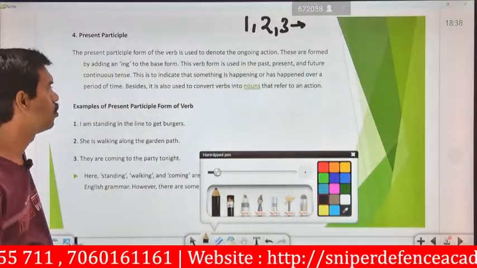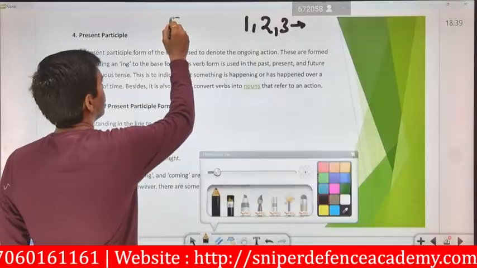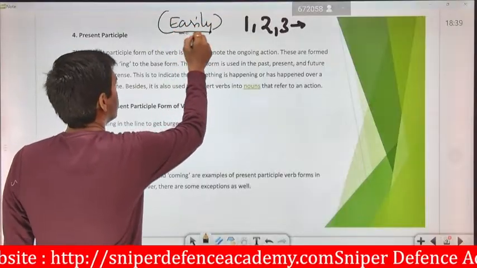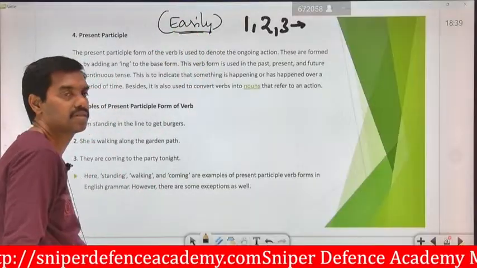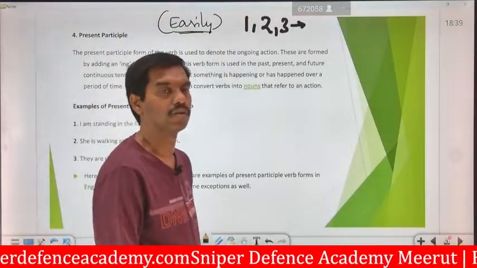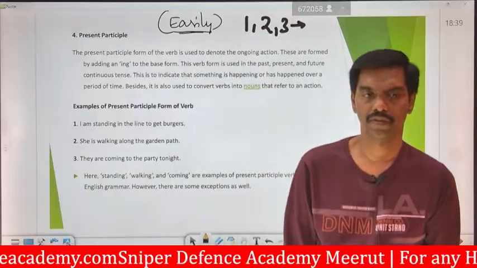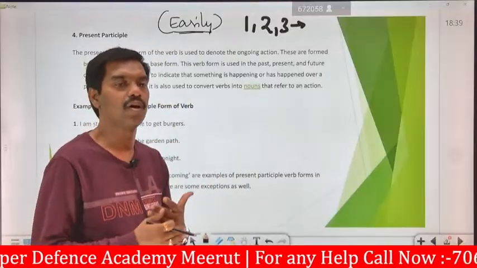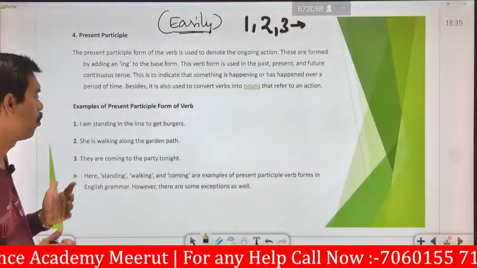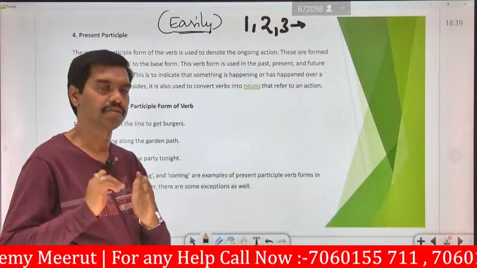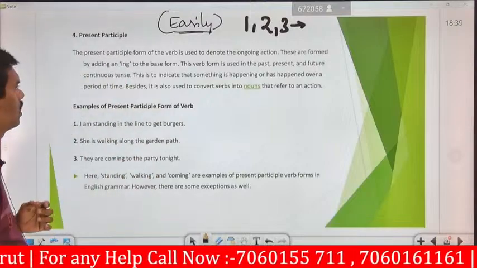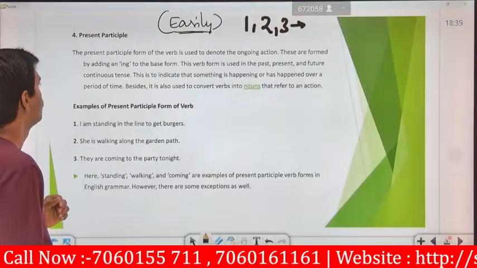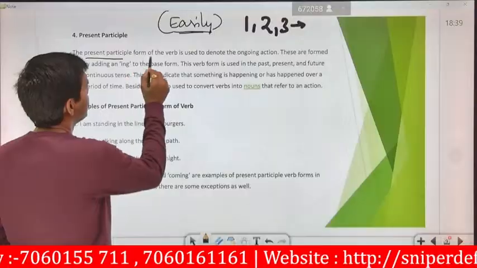Then only you can easily identify what has been given in the sentences, whether it is present or past or base, whatever it may be. Okay. So you have to read the sentences two or three times and identify what action takes place. Okay. So here, the present participle is a form of verb.